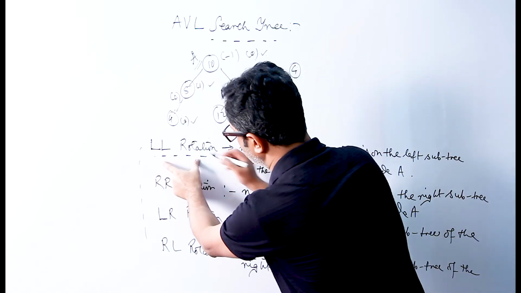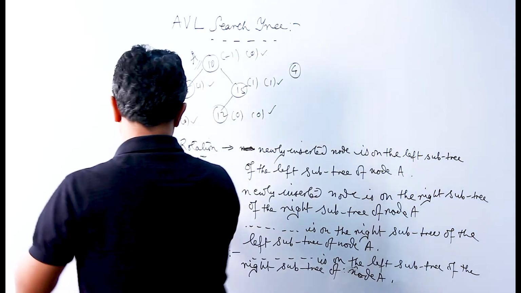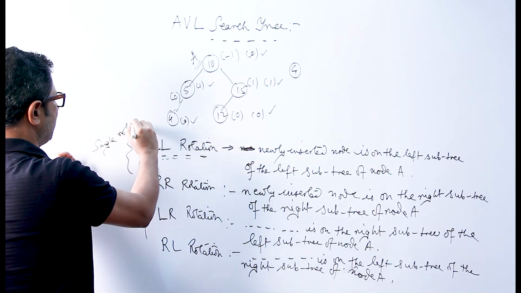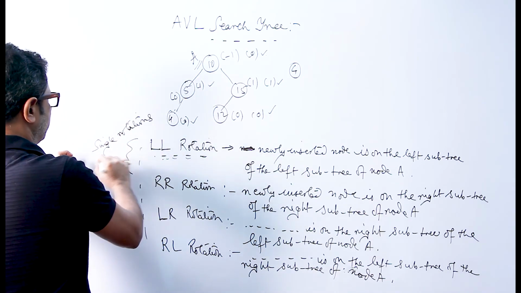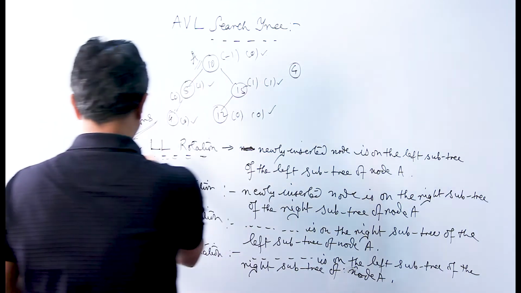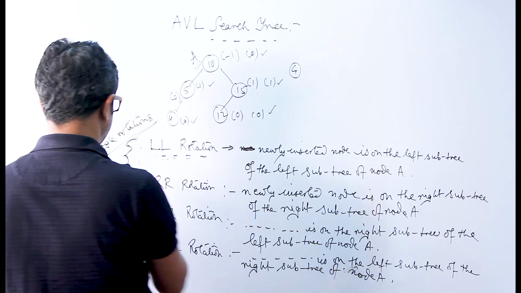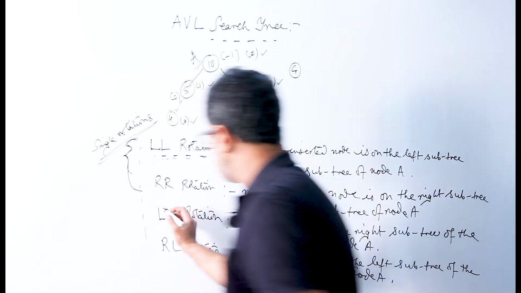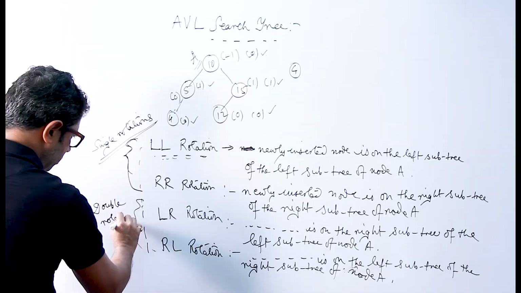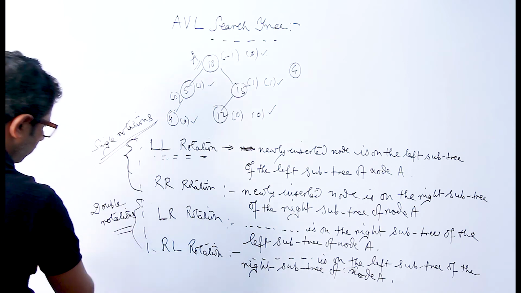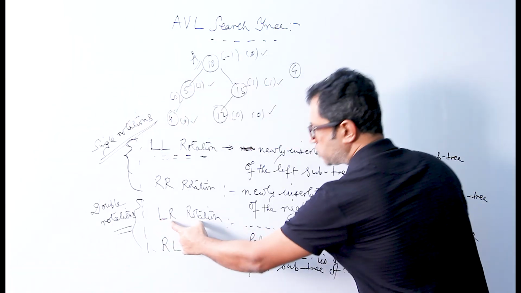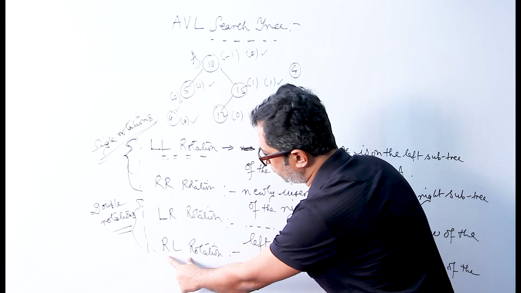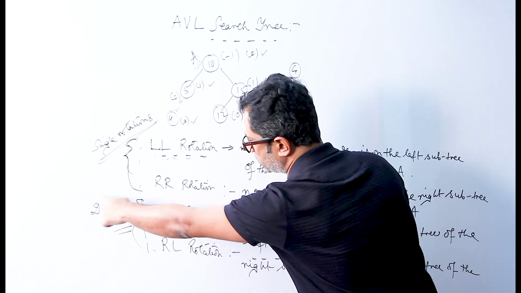So this can be considered as a single rotation. These two rotations, LL and RR, are single rotations, which we will describe later on in other videos. Single rotation means only one step of rotation is performed, and these two are called double rotations, that is, the rotation will involve a pair of steps. This is a two-step operation, and here also we will perform a two-step operation, so we consider them double rotations.